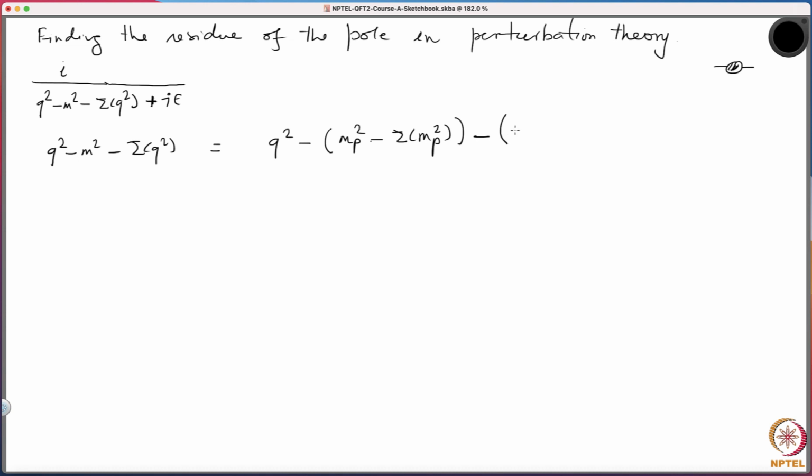I should have done something else, but nevertheless, let's proceed with this because it's perturbation theory, it will not matter, at least to this order.